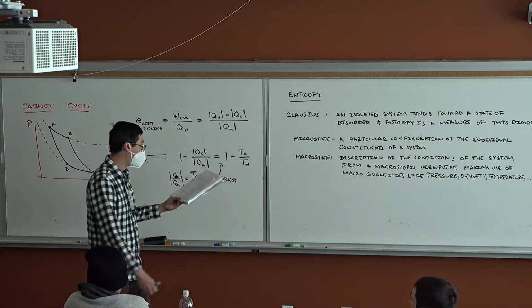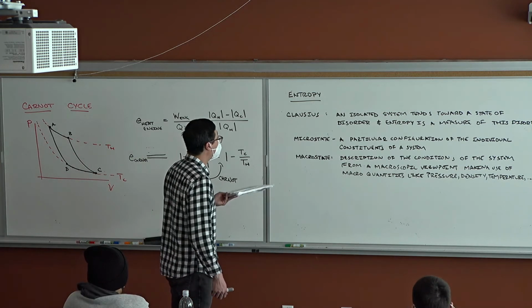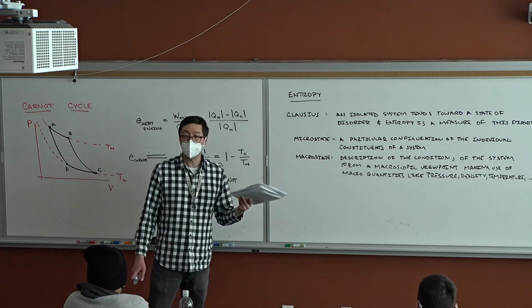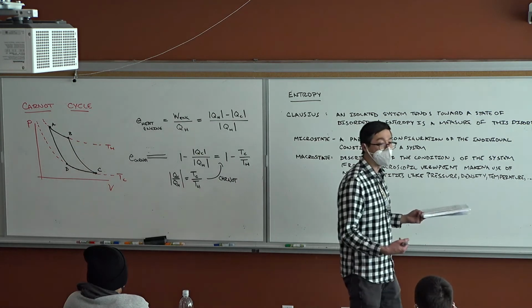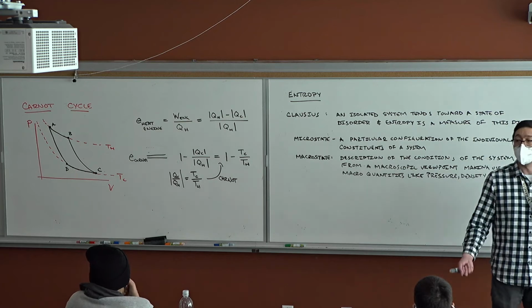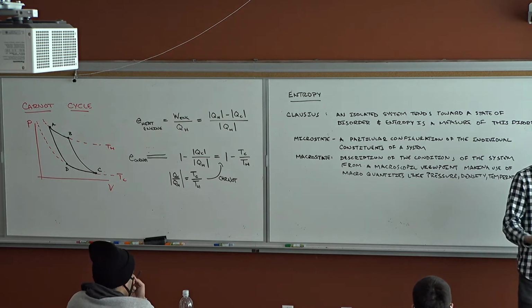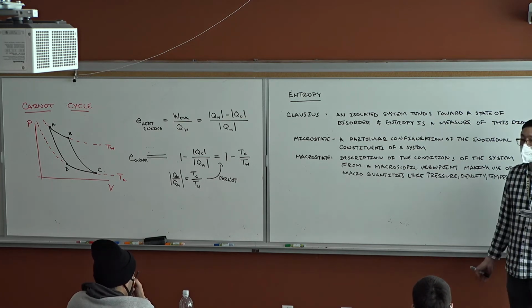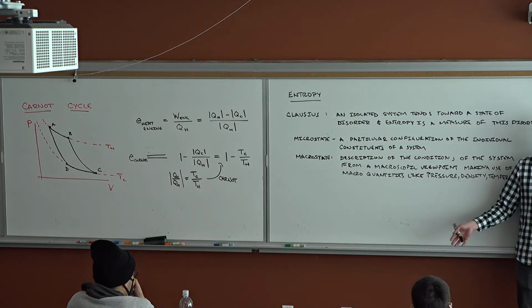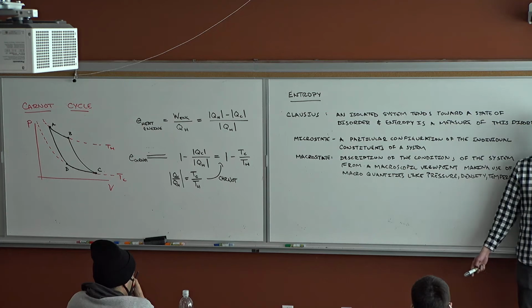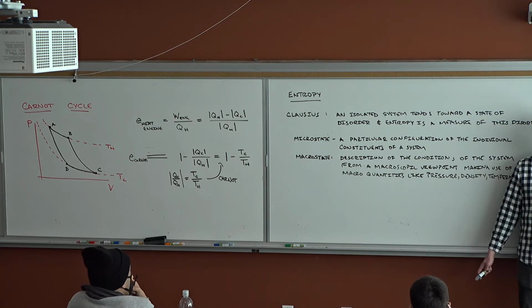So the process that we're going to use is we're going to assume that any particular microstate is just as likely as any particular other microstate. It's just that if there are more microstates that lead to the same macrostate, that macrostate is going to be preferred. Does that logically stand? Okay.